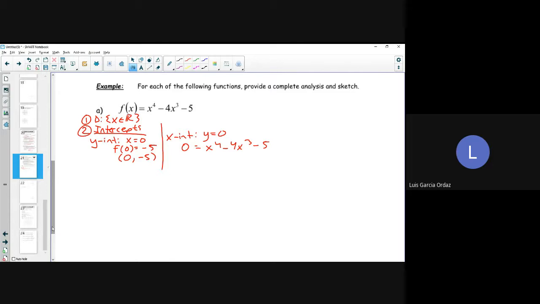So using factor theorem from last year, which is finding factors of 5, what x value gives me the function to be 0? Let's see if you can figure this out.